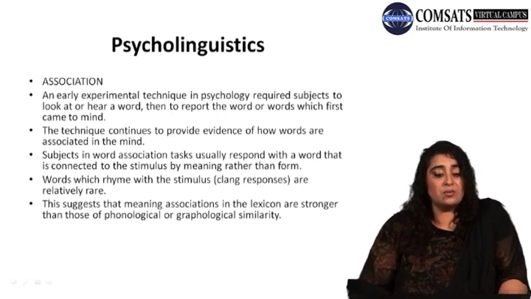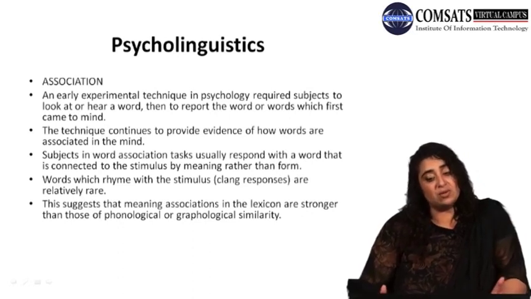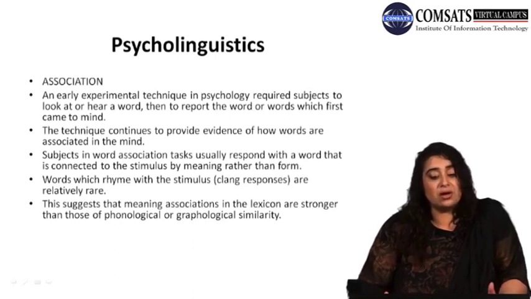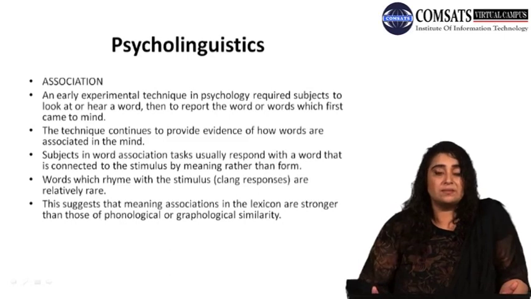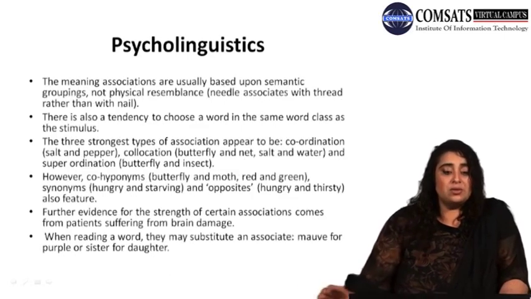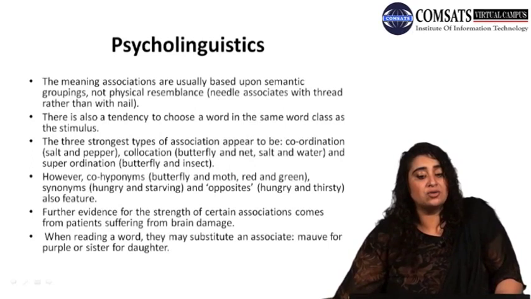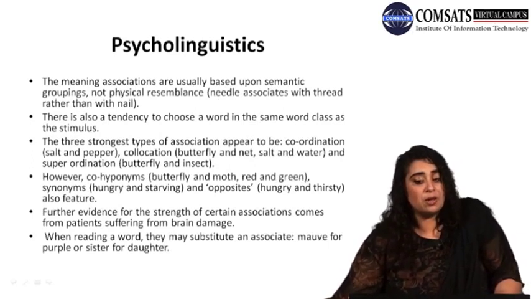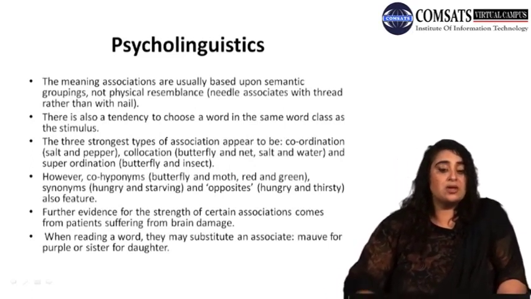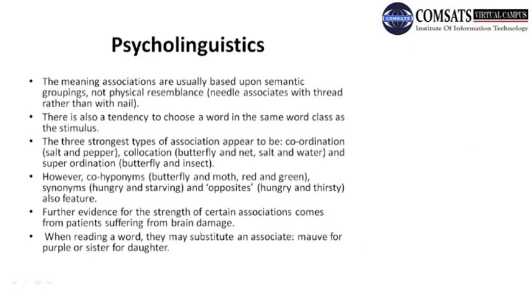Words which rhyme with the stimulus, clang responses, are relatively rare. So this suggests that meaning associations in the lexicon are stronger than those of phonological or graphological similarities. So the meaning associations are usually based upon semantic groupings, not physical resemblance.